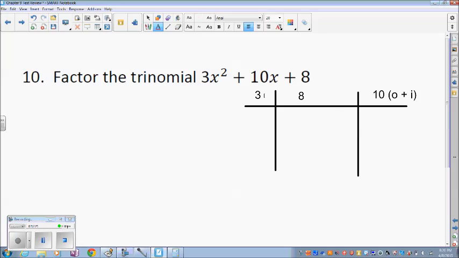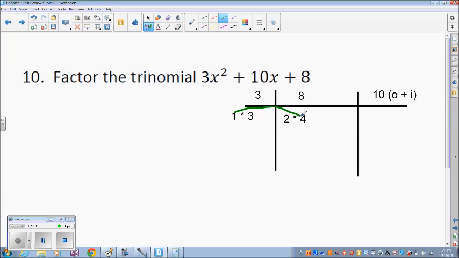Number 10, factor the trinomial 3x squared plus 10x plus 8. We got to find factors of 3 and factors of 8 that if we multiply outside times outside and inside times inside, they would add to 10. So 1 times 3. And factors of 8, let's use 2 times 4.